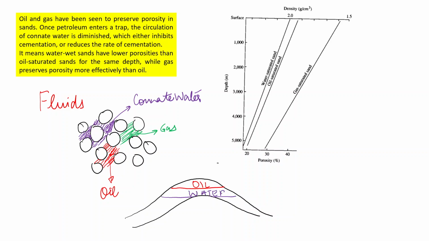As the petroleum enters this trap, the connate water within the pores of the sands does not freely move. Its circulation is diminished. Due to this restricted circulation, either the cementation is stopped, or the rate of formation of cement is very, very slow.